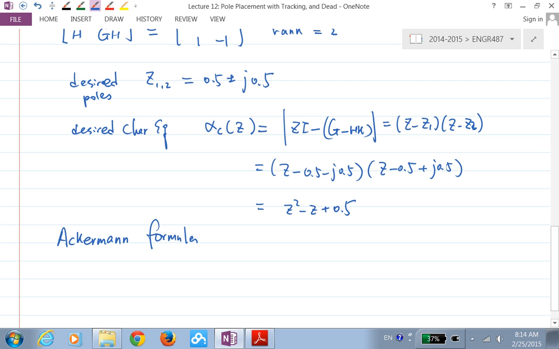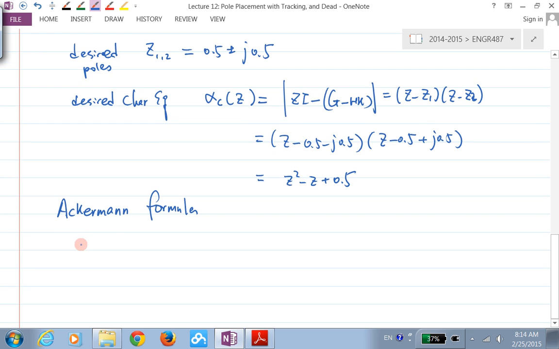If you recall, Ackermann formula says K equals 0, 1, since this is second order, times H, GH inverse, and alpha c of G. That's Ackermann's formula.